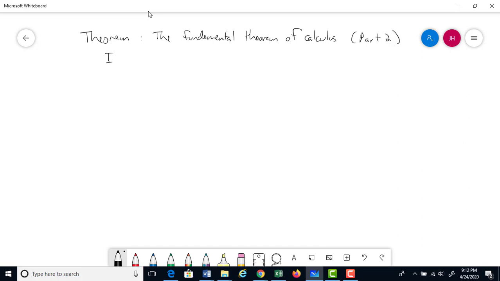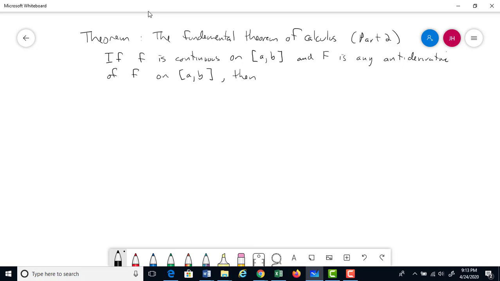So if f is continuous on this closed interval from a to b, so every point on a to b, and capital F is any antiderivative of f on that interval, then we can calculate it this way.